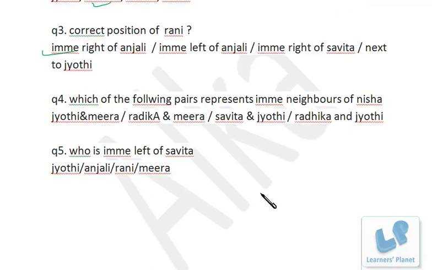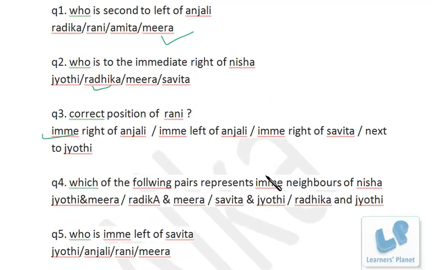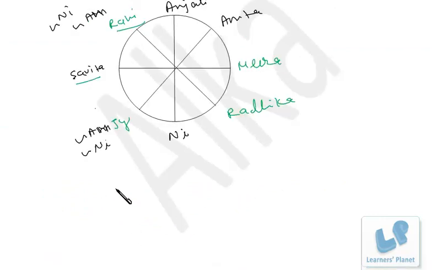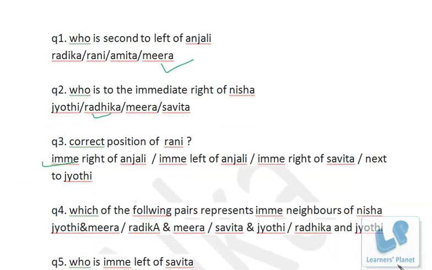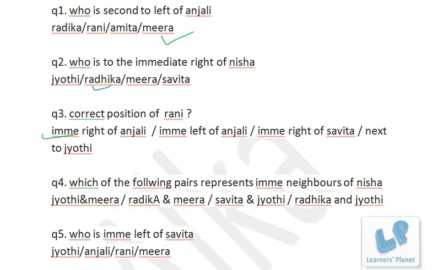Next is, which of the following pairs represent immediate neighbors of Nisha? Now let's see. Immediate neighbors of Nisha are Jyoti and Radhika. So that's Radhika and Jyoti. Who is immediate left of Savita?